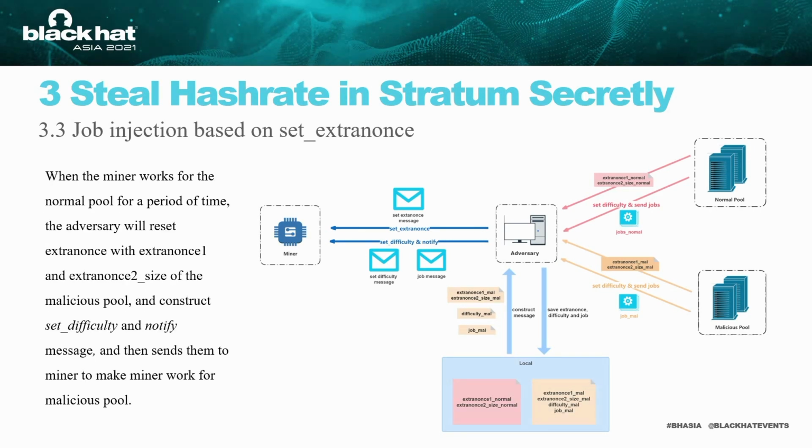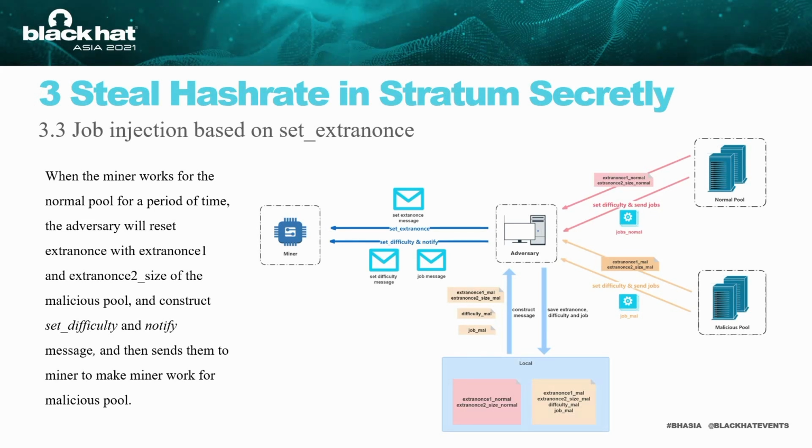When the miner works for the normal pool for a period of time, the adversary will reset the extranonce with extranonce 1 and extranonce 2 sets of the malicious pool, and construct the set difficulty and notify messages, and then send them to the miner to make the miner work for the malicious pool. This process is based on the set extranonce method.